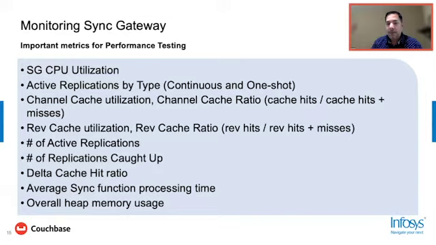And then, from a tuning standpoint, you can start looking at tweaking some of the cache configurations, like cache size, the number of documents to cache, etc. Unless you're really familiar with how to do that, I would recommend that you get help from someone who understands Sync Gateway, maybe Couchbase, or an SI partner like Infosys, and we'd be able to help you tune these things properly.